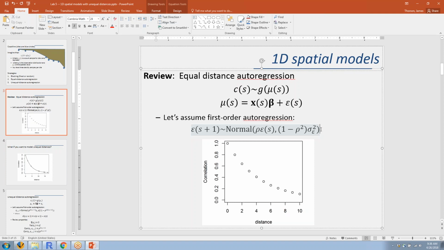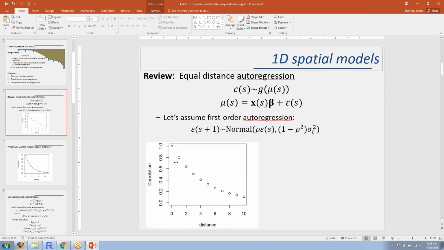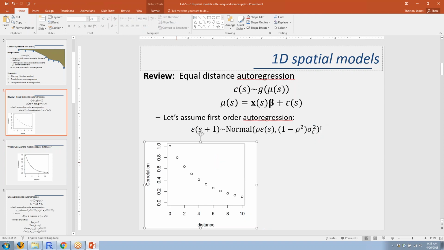Exactly. The way I would say it is that we've got a convergent power series, where the variance is accumulating as a sum as you go from location S plus 1 to S plus 2, S plus 3, S plus 4. S plus 1 given S, the variance that remains is rho times the variance. S plus 2, it's rho times the variance squared.